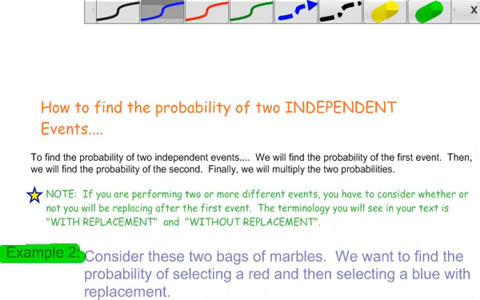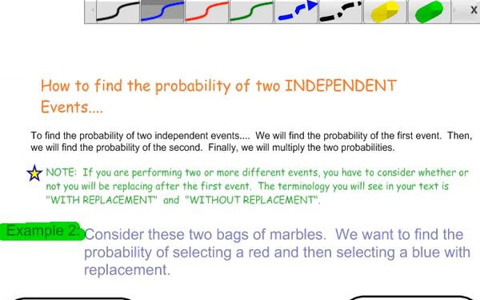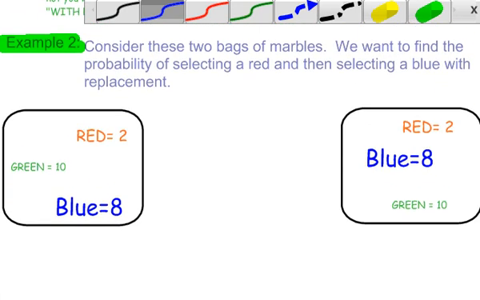So we're going to get a little bit more technical here in example 2. Consider these two bags of marbles. We want to find the probability of selecting a red and then selecting a blue with replacement. Alright, so here we go.